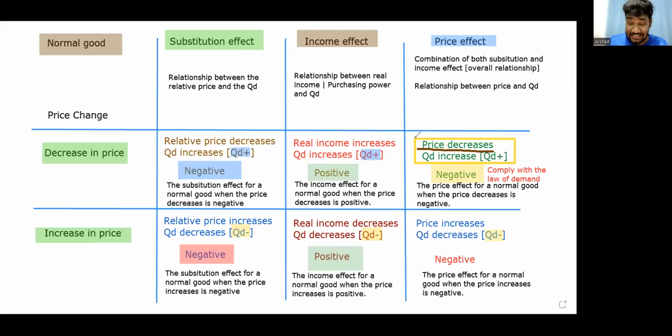So price decreases, quantity demanded increases. QD is a plus, it's going up. That's why I said QD plus. So how did this QD plus come? Because according to the substitution effect, QD is increasing, and because of the income effect, QD is also increasing. So overall, the price effect also says QD is going up.